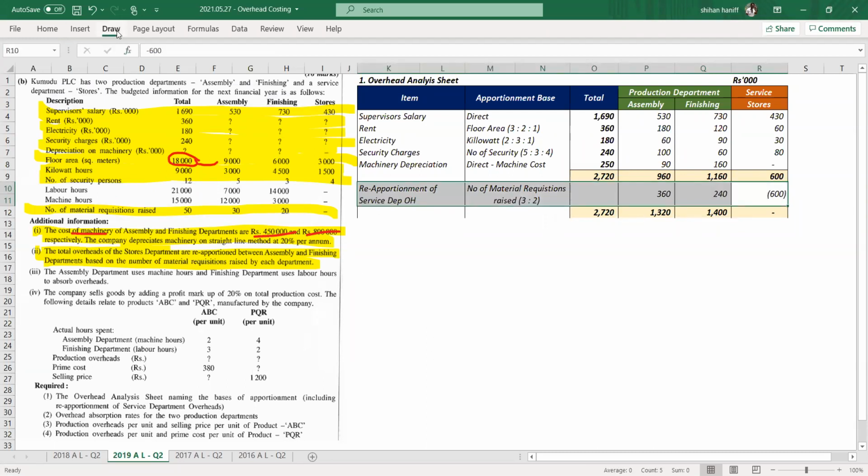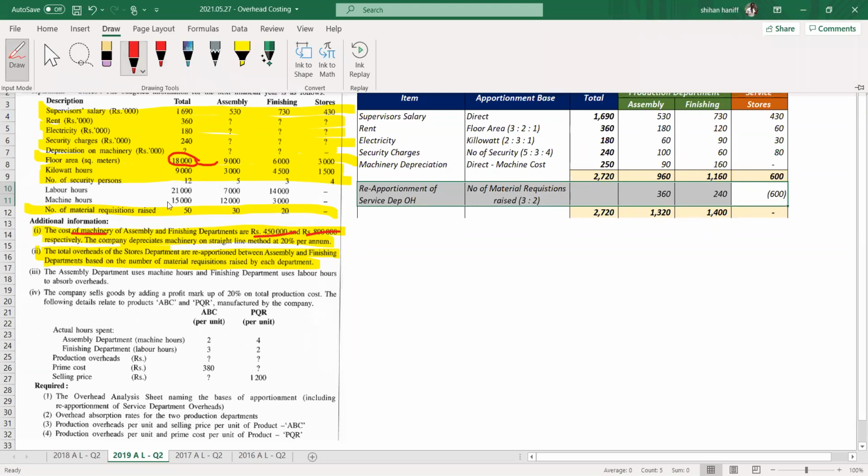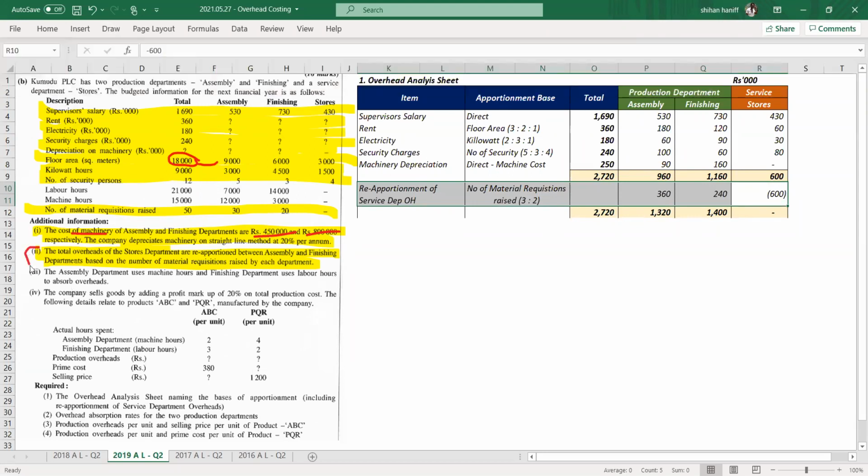Okay, I'll redo it. If you check the additional information number 2, it says that the total overhead of the stores department is reapportioned between the assembly and finishing department based on the number of material requisitions raised.